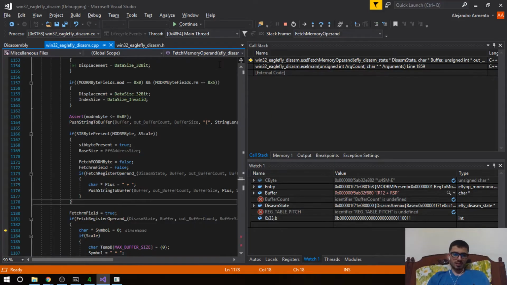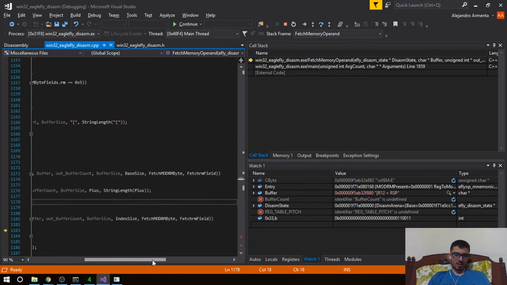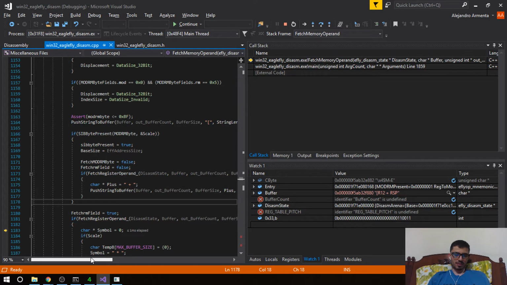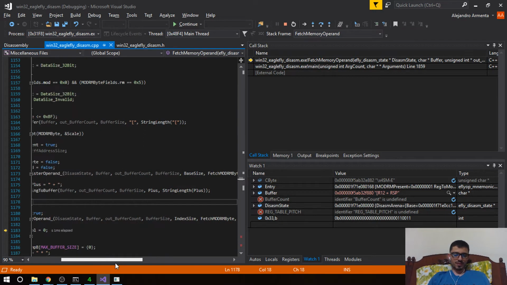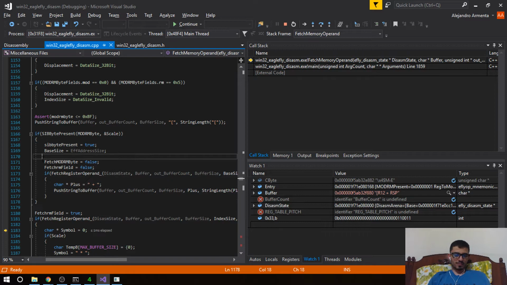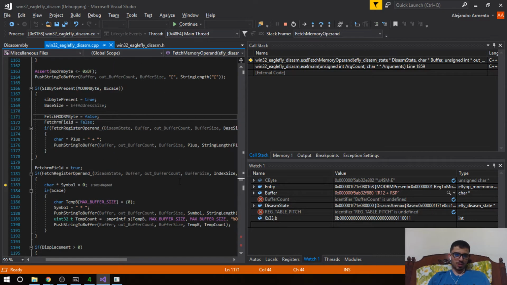Of course, this case is not going for the ModR/M byte at all. It's going for the SIB byte because it's something that we modify here. So that's okay. We just need to deal with that special case.